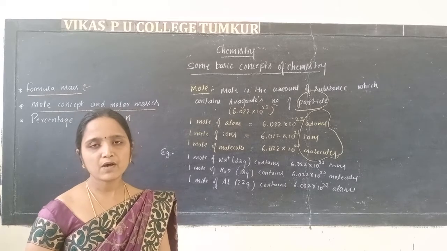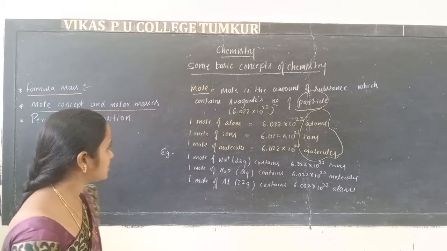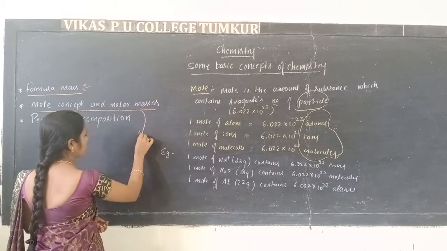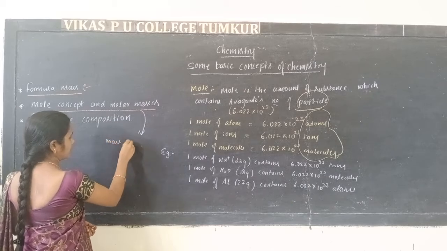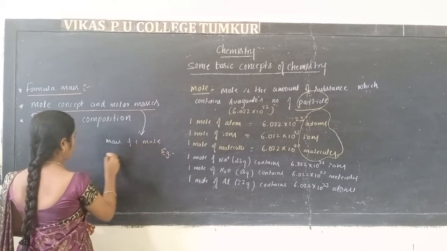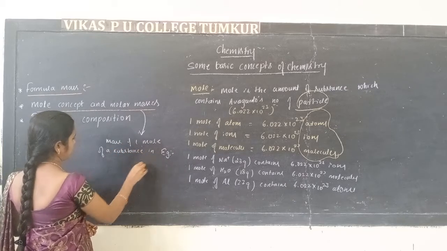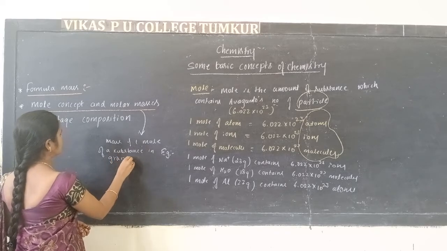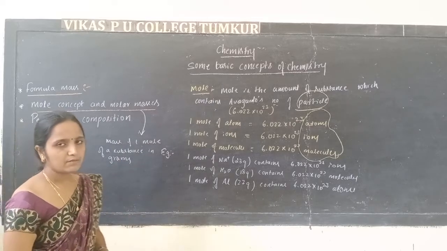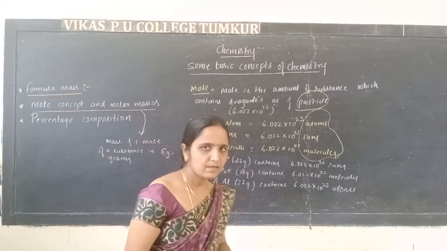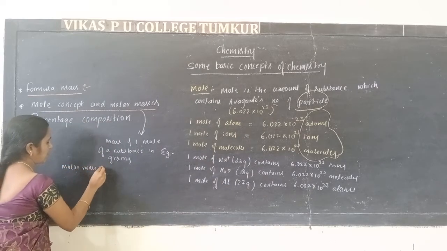That is, the mass of 1 mole of a substance in grams is called molar mass. If you take the molar mass of water, it is equal to the molar mass of water.